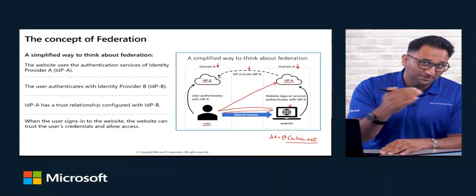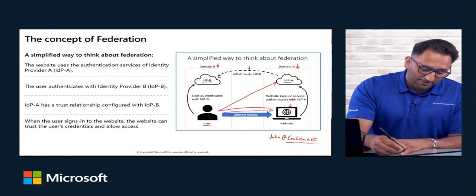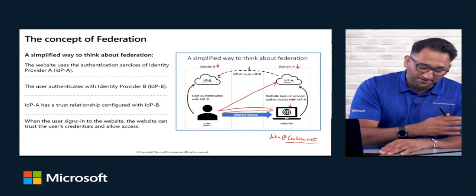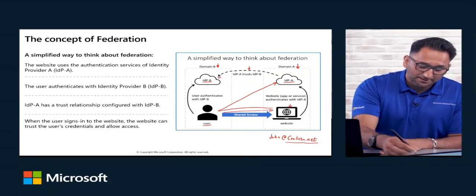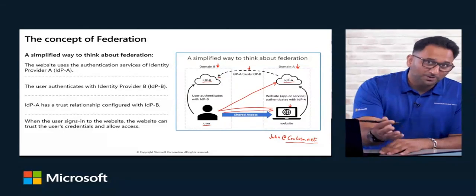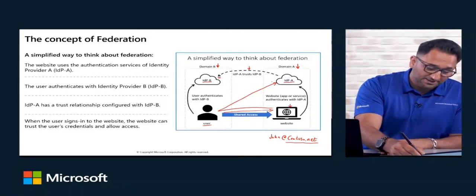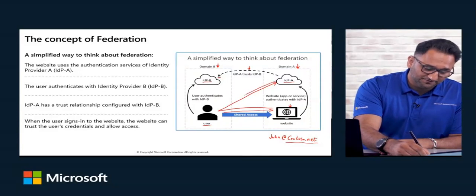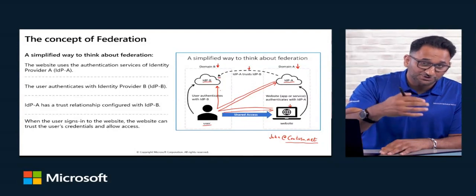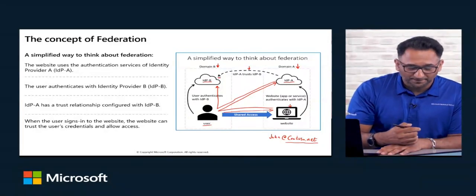In this case, it is in one direction. Now, let's assume that identity provider B is contoso.net. My identity provider A will know where identity provider B exists. So what it will do is forward this information back and bounce it through the user to identity provider B to ensure that it can authenticate that user.